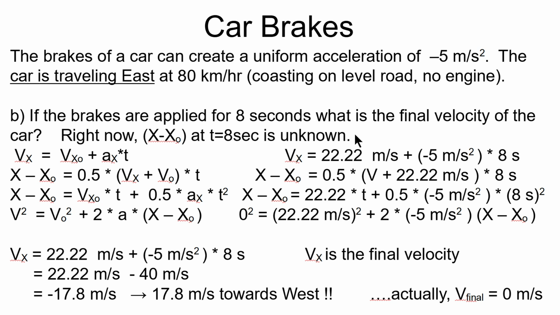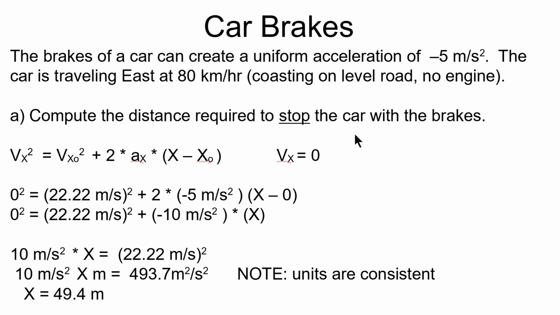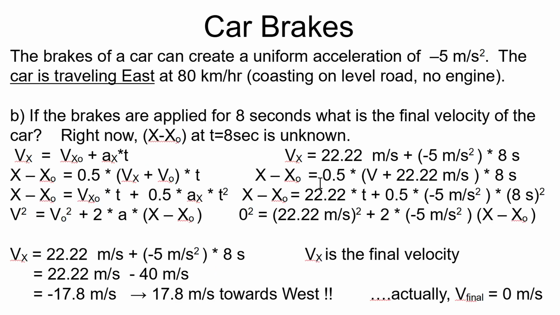This calculation we just came through, when the car was stopped, we're 49.4 meters down, but this was not at 8 seconds. We did not know the time. We picked a fourth kinematic equation that doesn't have to have time in it. So 49.4 meters, that's not associated with 8 seconds. X minus x naught is unknown.